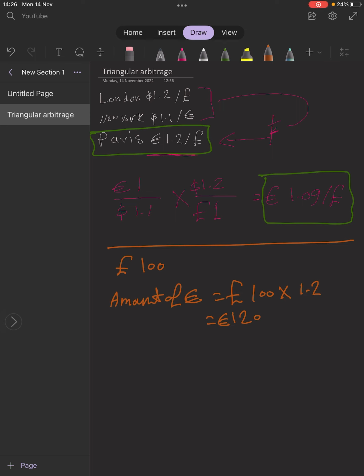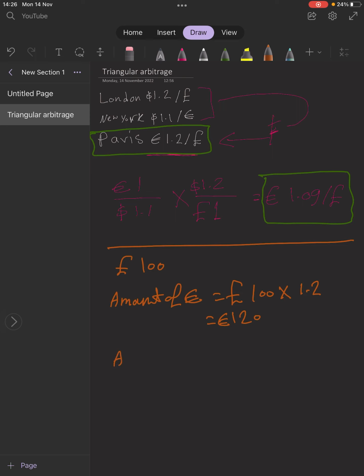And then he will go to New York and transfer the euros and make it into US dollars. So it's quite simple.